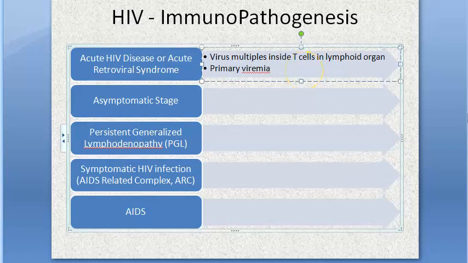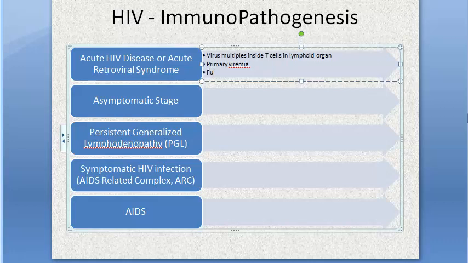So what happens? The virus spills over into the blood. It destroys this T cell, comes out of it, spills into the bloodstream and causes primary viremia or acute mononucleosis-like syndrome. It coincides with initial flu-like symptoms. In many patients, this occurs 2 to 3 weeks after the primary infection.